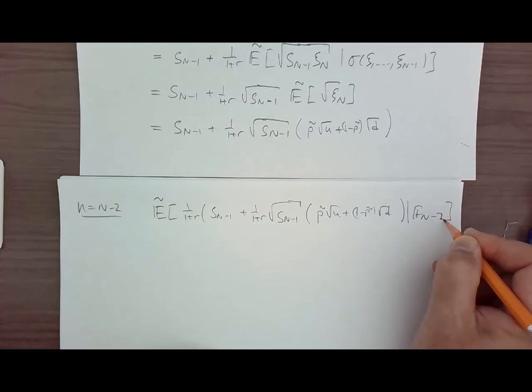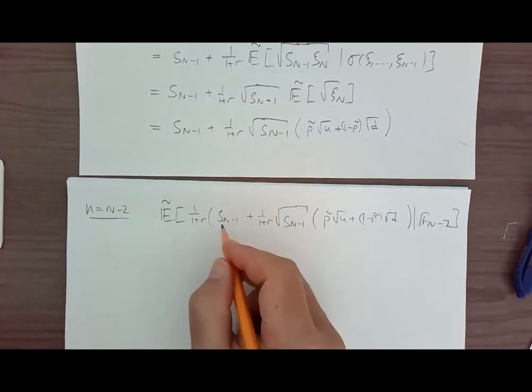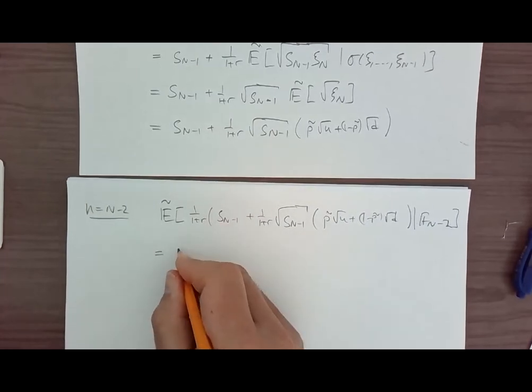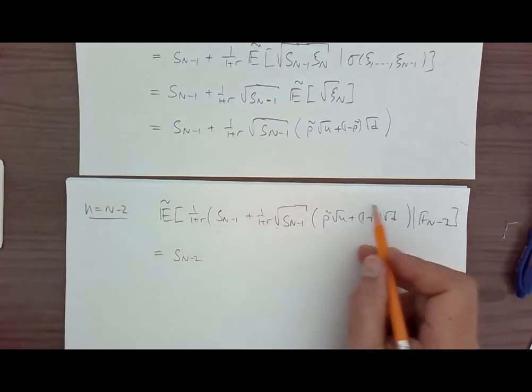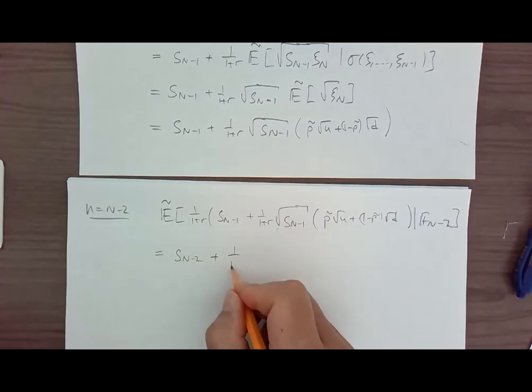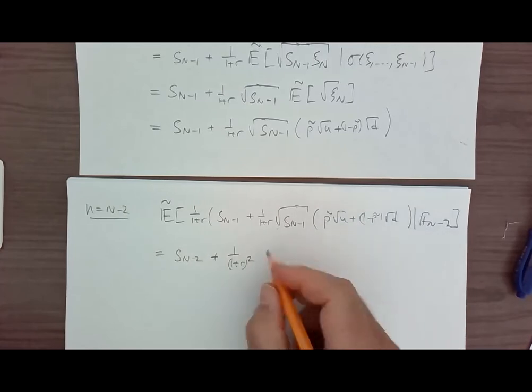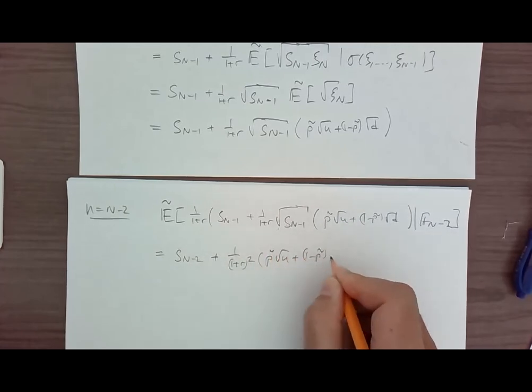If it's Fn minus 2, I'll be moving back to n minus 2. And the first part, same as before, discounted stock prices will be a martingale. So here we'll have Sn minus 2. Then over here, this is a constant coefficient, so all that can go outside: 1 over 1 plus r squared, p tilde square root u plus 1 minus p tilde square root d.